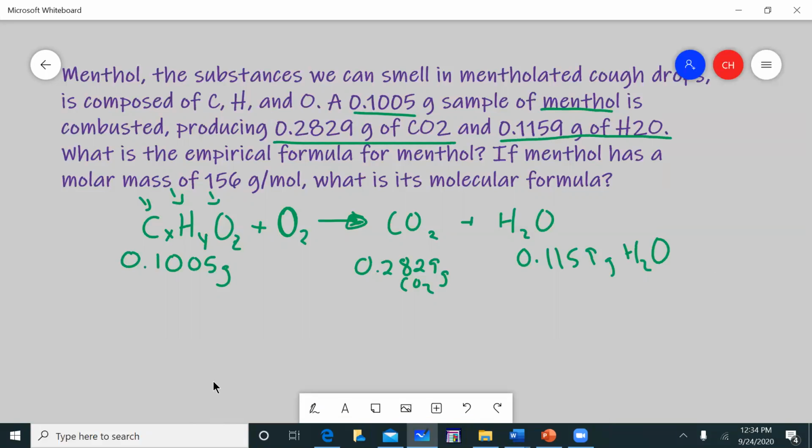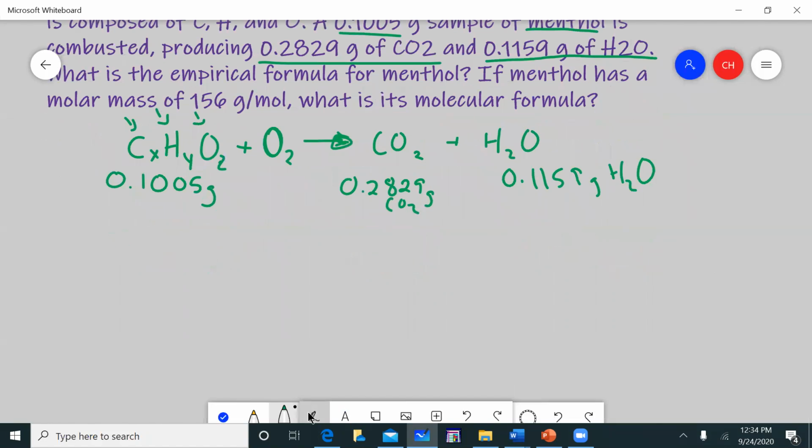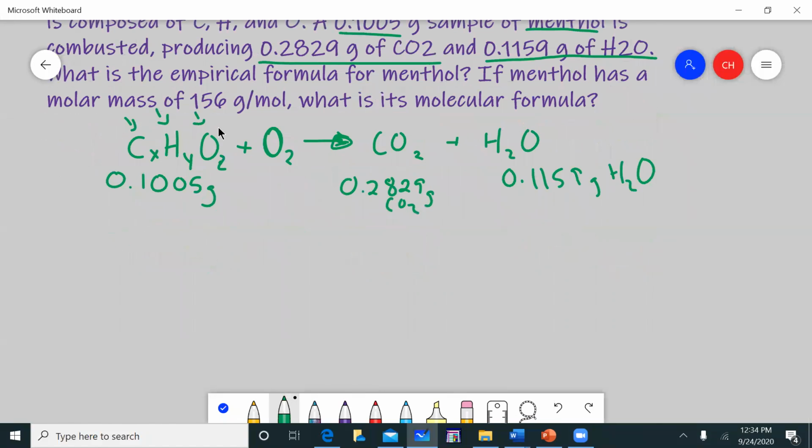So let's start with the CO2. This is how much CO2 I have: 0.2829 grams of CO2. This system is always going to be the same. It's the same system we followed the last time we did a combustion. The first thing is to go from grams of CO2 into moles of CO2. 1 mole of CO2 weighs roughly 44 grams.